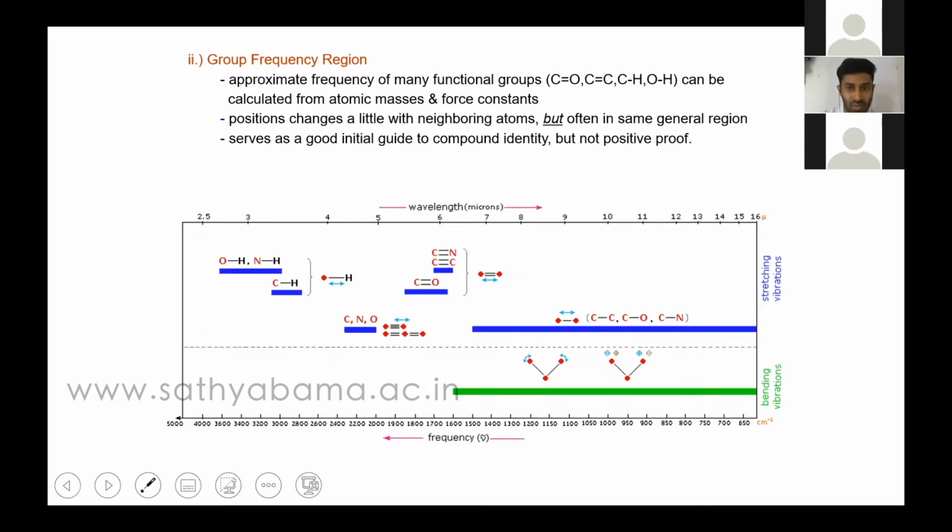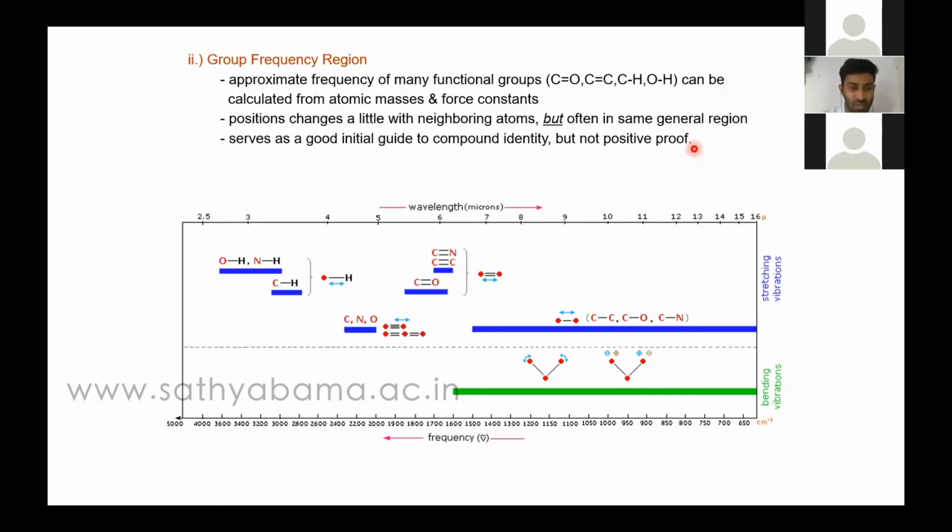Likewise, it varies with different groups. If it is a C-O, C-C, or C-N single bond, you can find it in the region we call the fingerprint region, around 1200 to 1500.